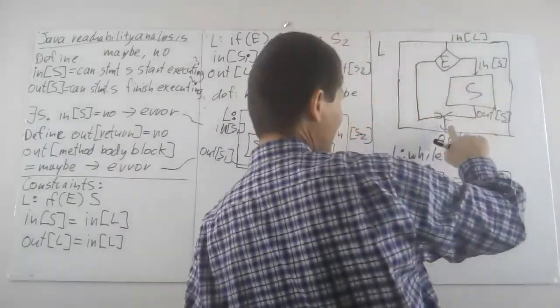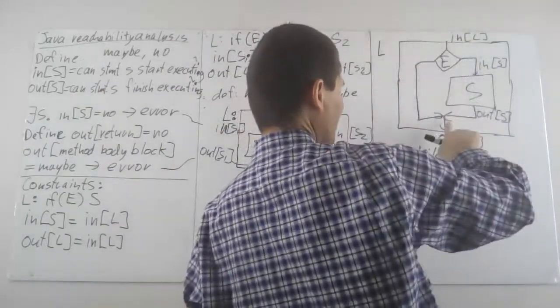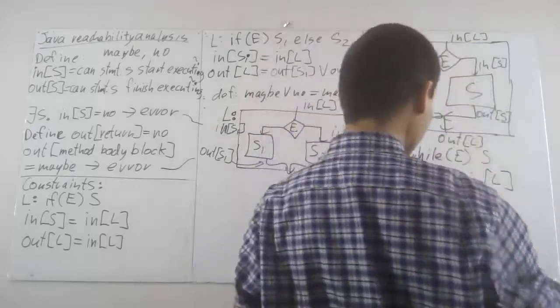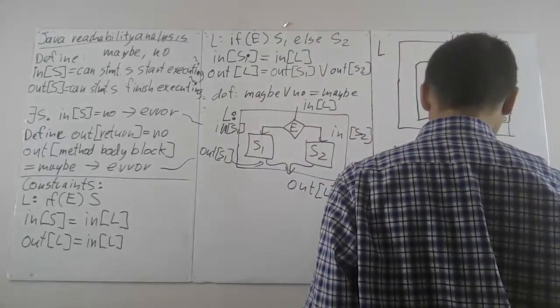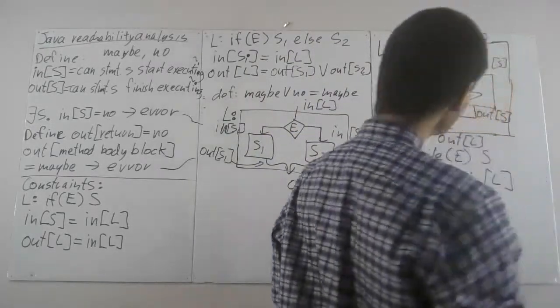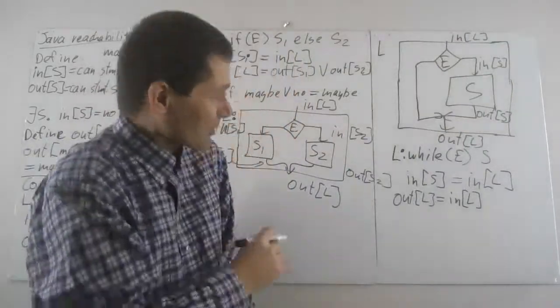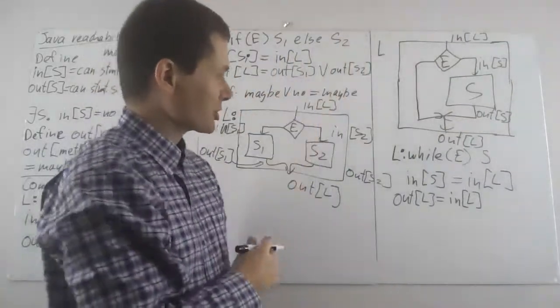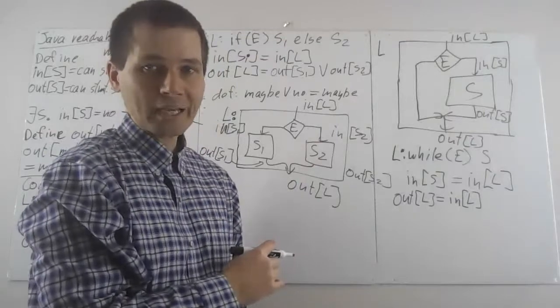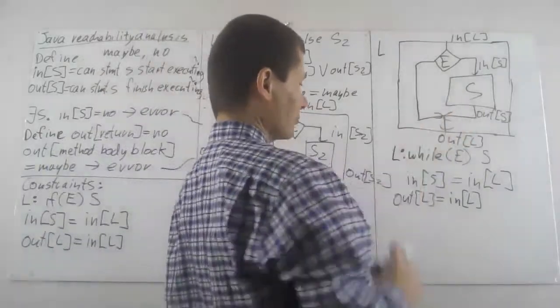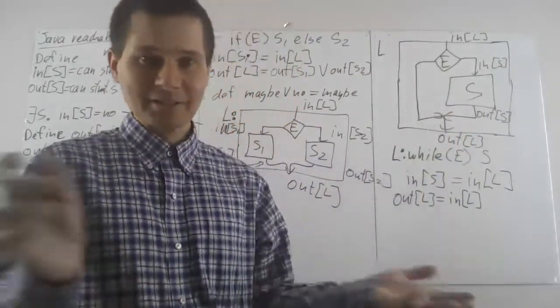If you come in through this path, then it's in of L. So if the loop can start executing and the condition evaluates to false right away, then the loop will finish executing. That's how while loops work.